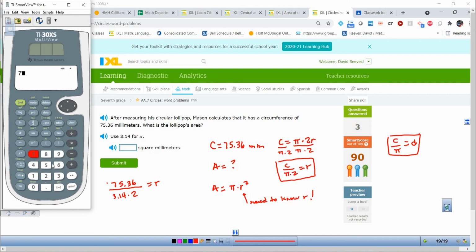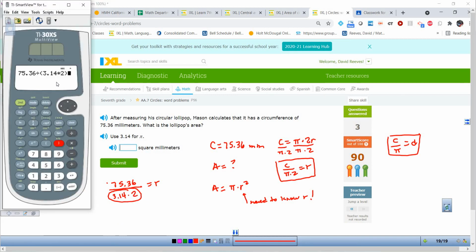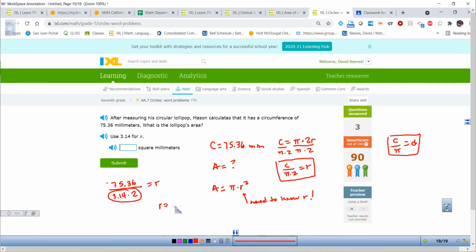All right, I'm going to put 75.36, and then I'm going to divide it, but I'm going to put parentheses because I'm not dividing it by 3.14, I'm dividing it by 3.14 times 2. So do you see how I want to divide by two things here? Since I want to divide by that product, I put that product in parentheses. When I do that, I get an answer of 12. All right? So R is equal to 12.